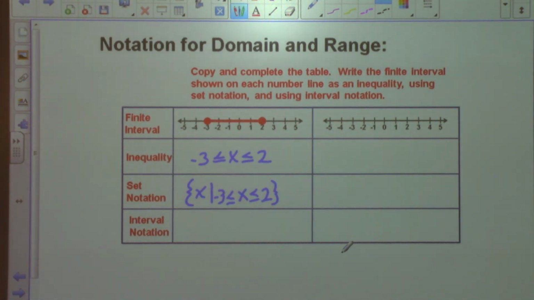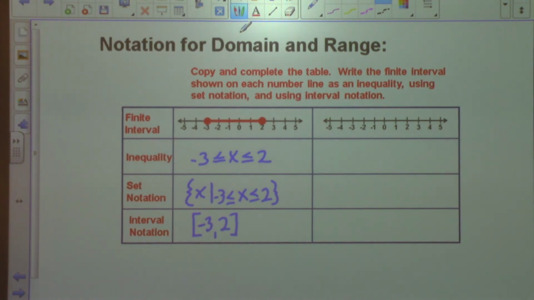Now, interval notation. Here's our interval notation. We have greater than or equal to -3, comma, 2. That's interval notation.